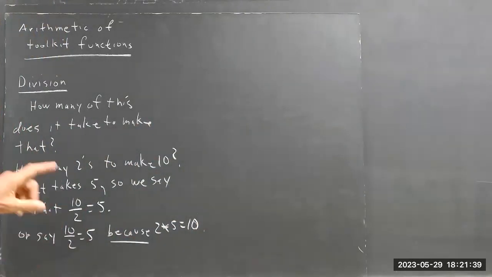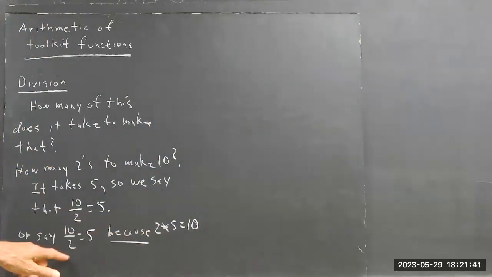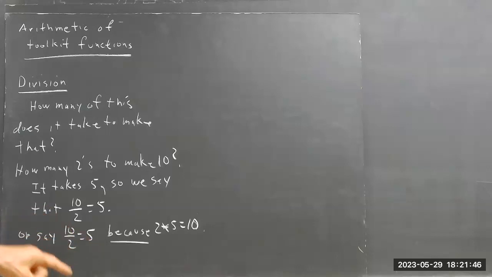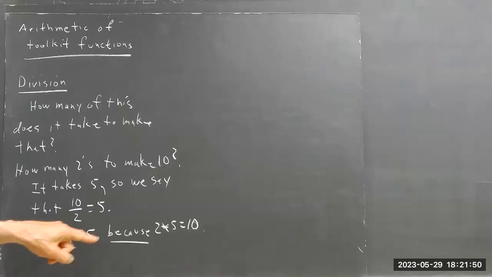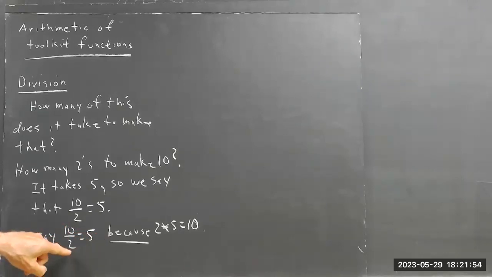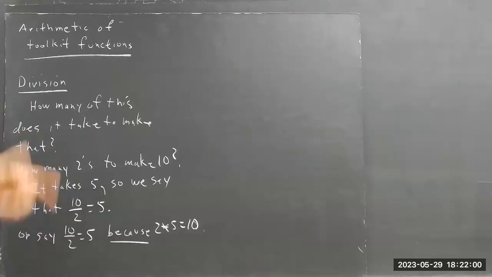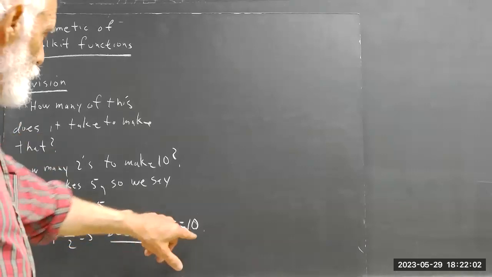But in a more formal definition, we have a dividend divided by a divisor, which gives the quotient. If you multiply the divisor by the quotient, you have to get the dividend. So there we have it.